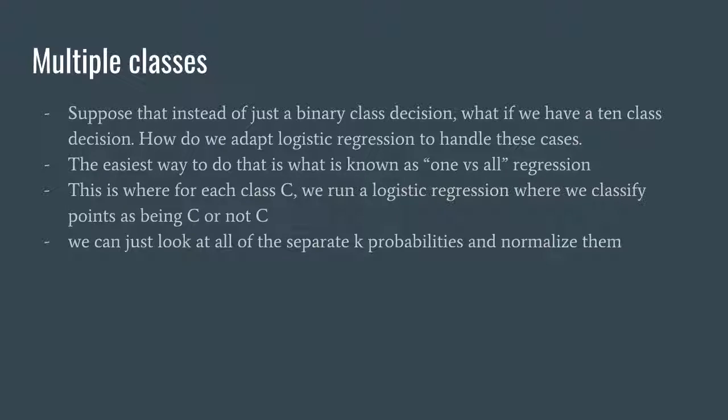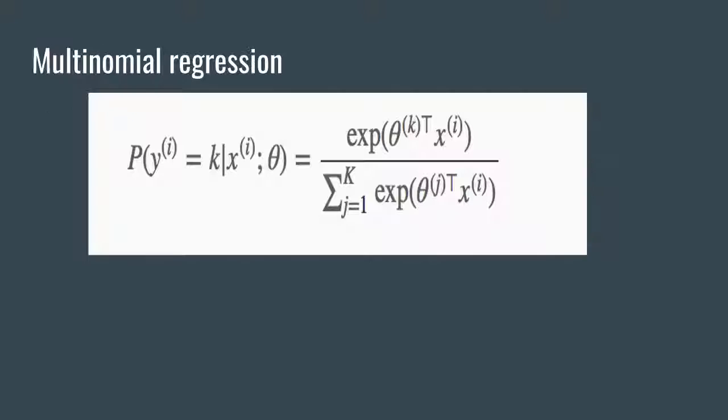So essentially we're running 10 separate regressions, and we have 10 separate probabilities, each one corresponding to one of our digits. More generally, if we have k classes, we have k different probabilities, and then we can normalize them.